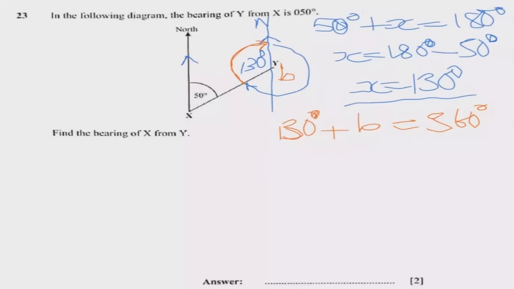So what we do, put like terms together, we have B which is equal to 360 degrees, then 130 degrees will cross the equal sign and become minus 130 degrees. So we find the value, we say B is equal to 360 degrees minus 130 degrees, which will give us 230 degrees.